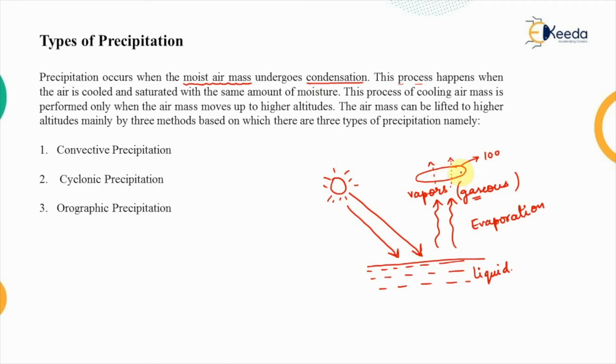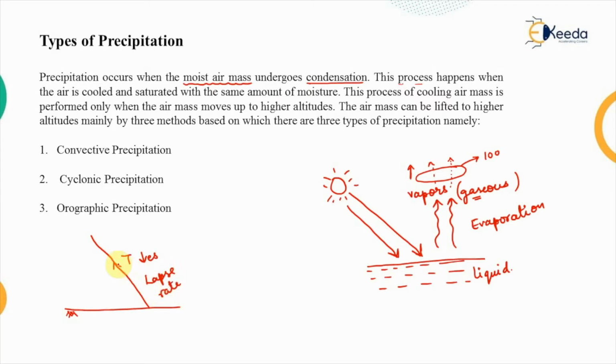So this air mass, having the vapors of lower mass, will be continuously ascending in the atmosphere. Let's say this is the ground level. The general rule of temperature says that whenever you move above the earth surface, the temperature decreases continuously, and the rate at which the temperature decreases is known as the lapse rate.